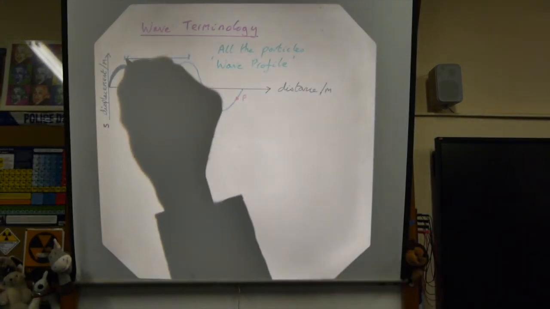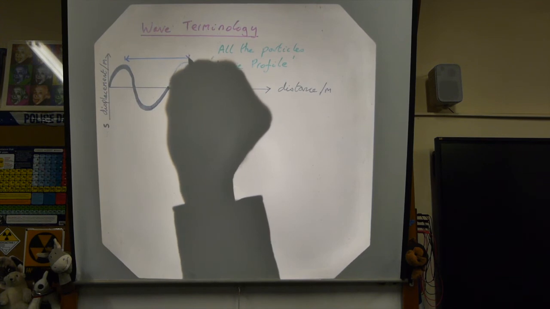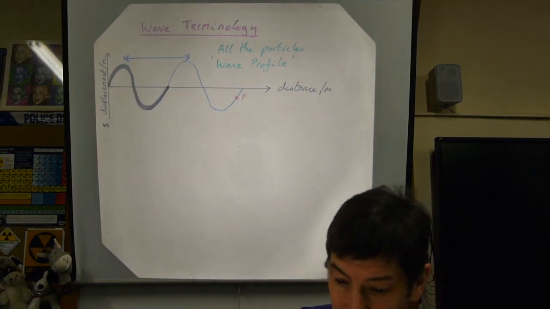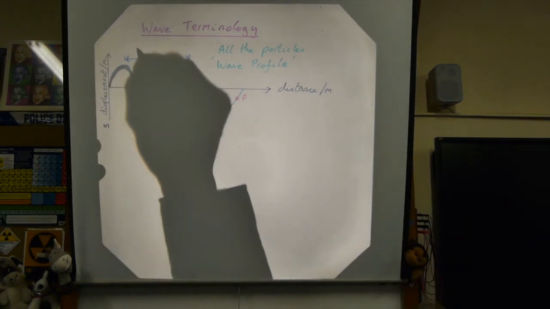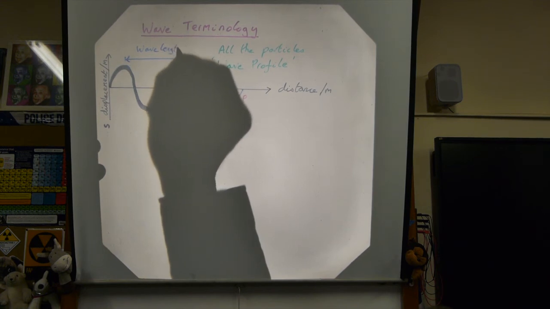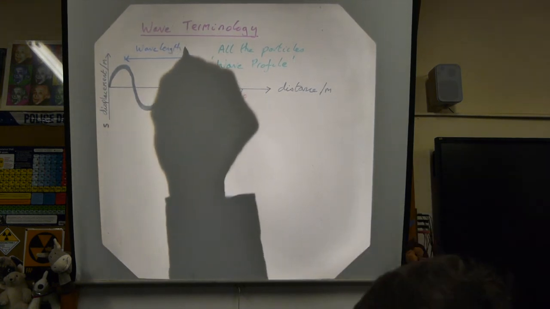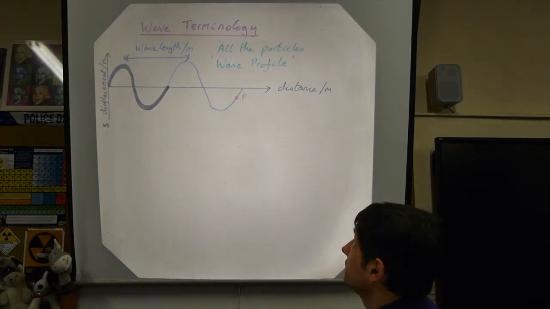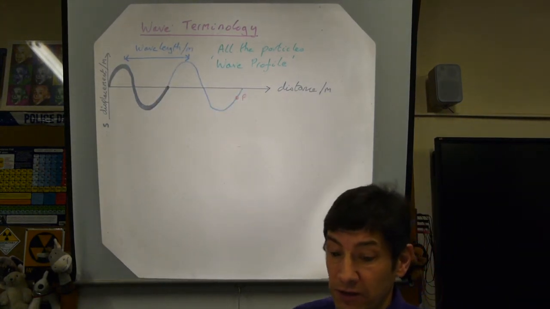Take some real effort to make sure you've got the distance right. Okay, and that is the wavelength of our wave. It's going to be measured in meters, nothing else. Not centimetres or kilometres if we're going to do calculations.